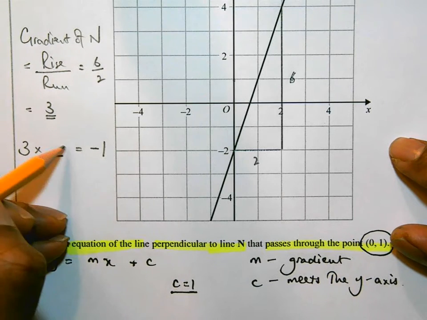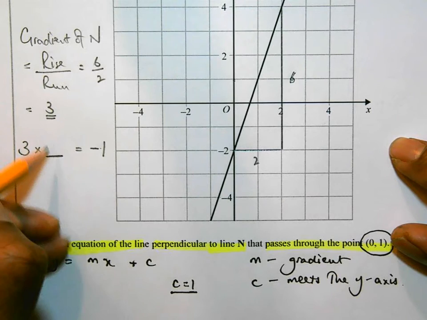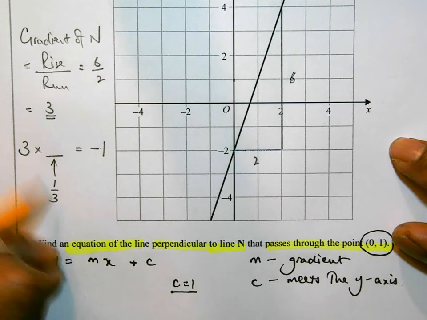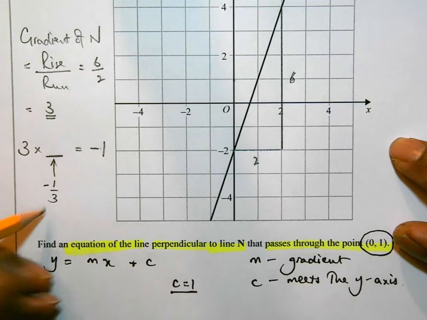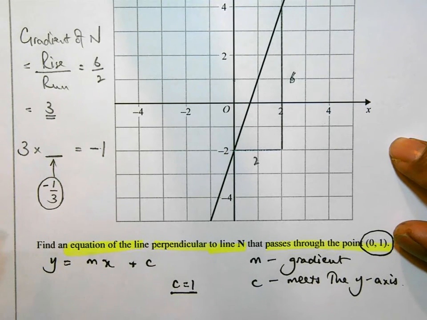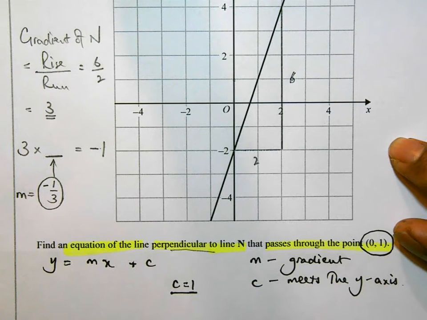I need to think about what number times 3 gives me -1, and that is 1/3 times 3 is 1, so minus 1/3 is going to be the gradient of this new line that's perpendicular to N. So m, my new gradient, is going to be -1/3.